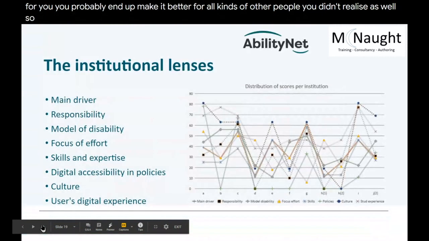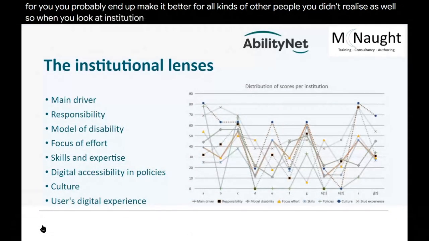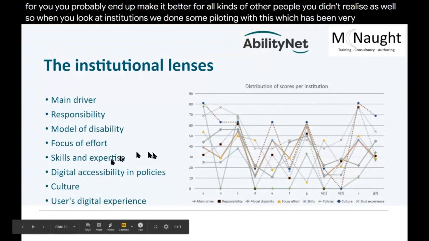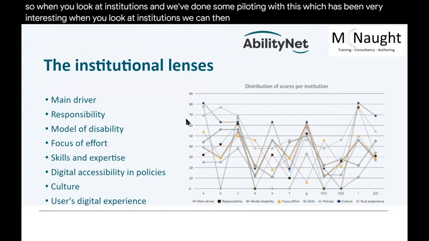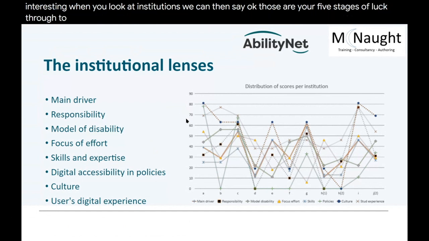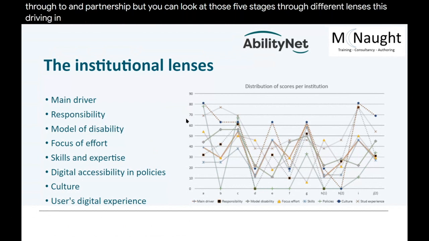So when you look at institutions, we've done some piloting with this, which has been very interesting. We can say, okay, those are your 5 stages from luck through to partnership. But you can look at those 5 stages through different lenses. What is it that's driving the institution?